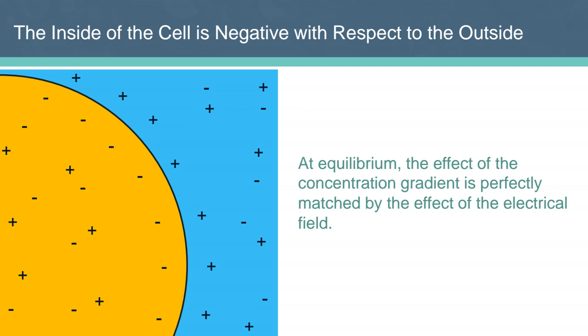Eventually, as the potassium ions leave the cell and the electrical field across the membrane becomes stronger, an equilibrium is reached in which the effect of the concentration gradient is perfectly matched by the effect of the electrical field across the membrane. The voltage that causes an inward movement of potassium ions that matches the outward movement of potassium ions is called the potassium equilibrium potential.